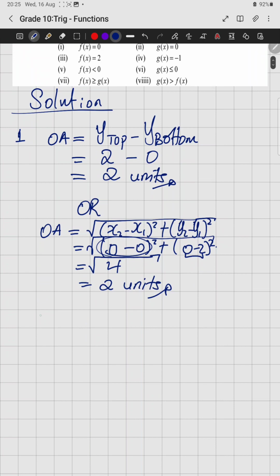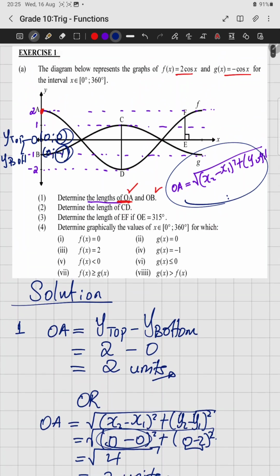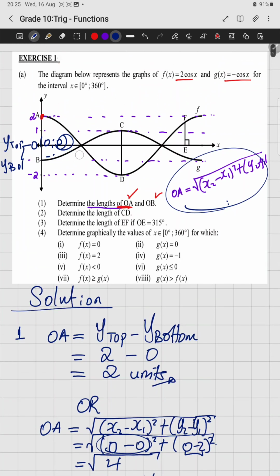The length of OB must be Y top minus Y bottom, which is 0 minus -1, which is 0 plus 1, which is 1 unit. Okay, and then we're done with this portion. That is the first question.